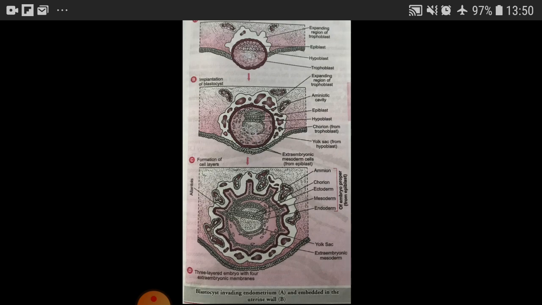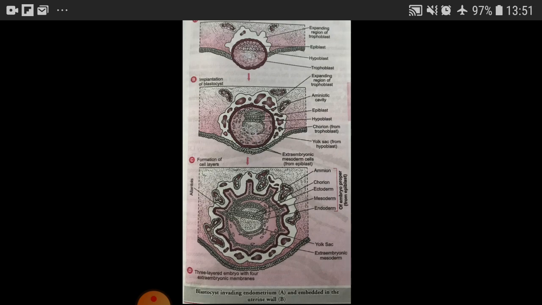There are three germ layers: ectoderm, mesoderm, and endoderm. They serve as the initial rudiments of all the future tissues and organs of the offspring's body. The germ layers give rise to specific tissues, organs, and organ systems of the young one to be developed.